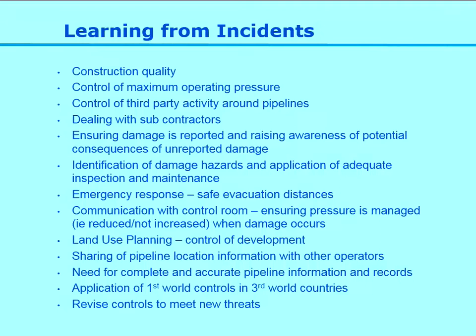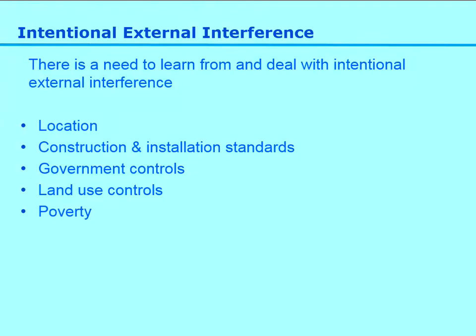Do you need to consider construction and installation standards in those locations? Government controls, what can you do to impose those? Land use controls and poverty are particularly important in locations in the third world where you can get high levels of pilferage, which could then cause absolutely disastrous accidents for the local community.